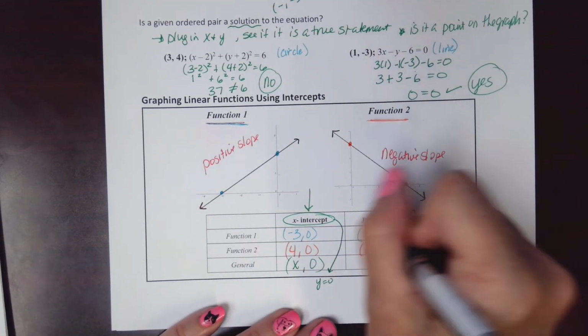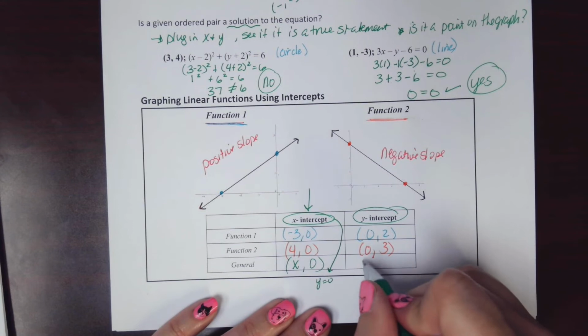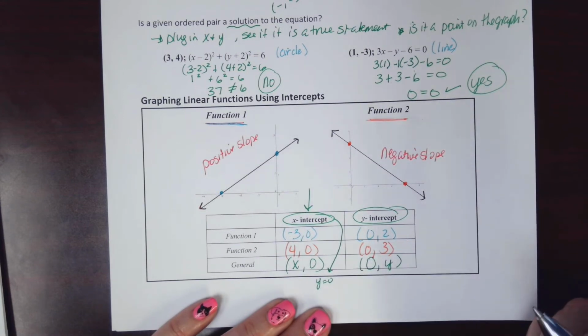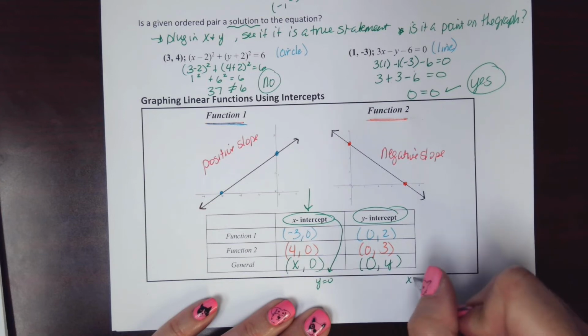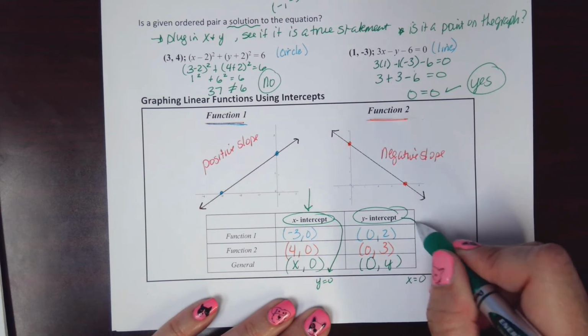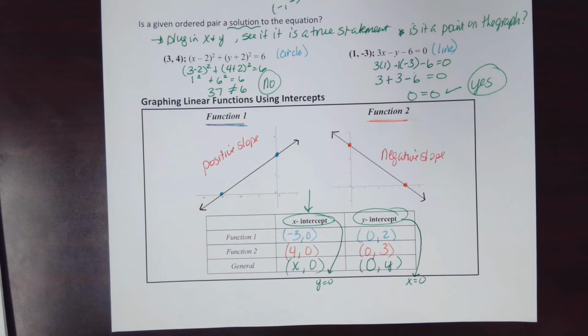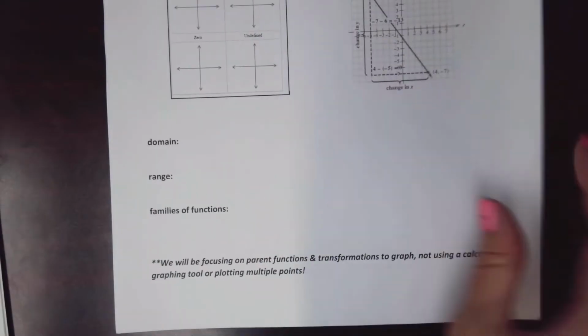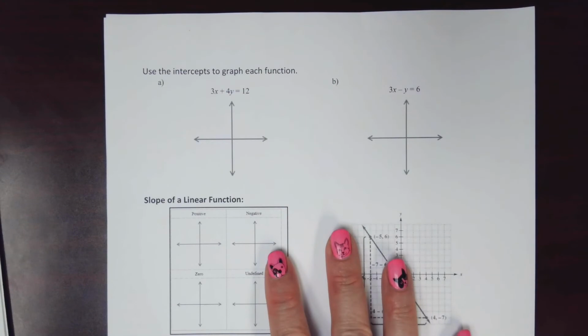For my y-intercept, however, it's always the x-coordinate that is 0, and then I have some value for y. So if I'm going to try to find my y-intercept, I'm looking to see where x is equal to 0. And those are going to be true things that we're going to do for every type of graph, every type of equation that we have, trying to find x and y intercepts.